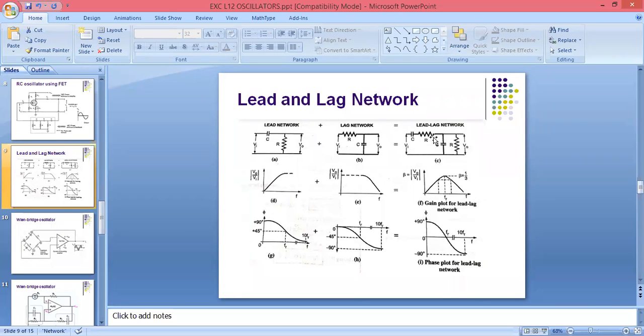We are using here lead as well as lag network. So we will get here gain first increasing and then decreasing. So this is the gain plot for lead and lag network. You can see here this is the graph for phi. It means it is the plot for lead and lag network.